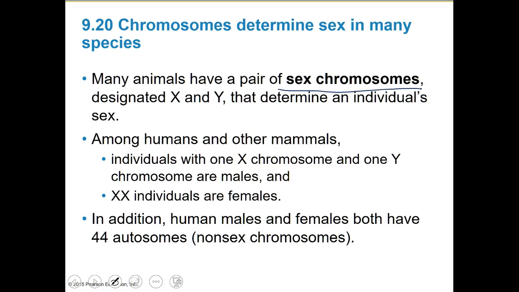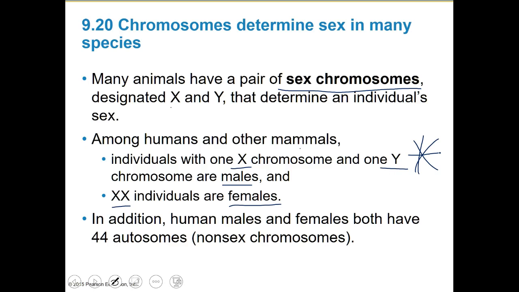So we talked about that already, and I realized I got ahead of us on that before, but just in case, to review one more time, they're designated X and Y, and they determine an individual's sex. In humans, and some other mammals, individuals with one X and one Y are males, and two X's are females. So especially if you didn't get that before, that's definitely important to know.